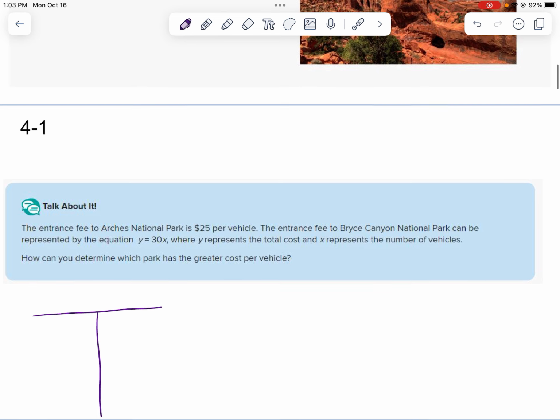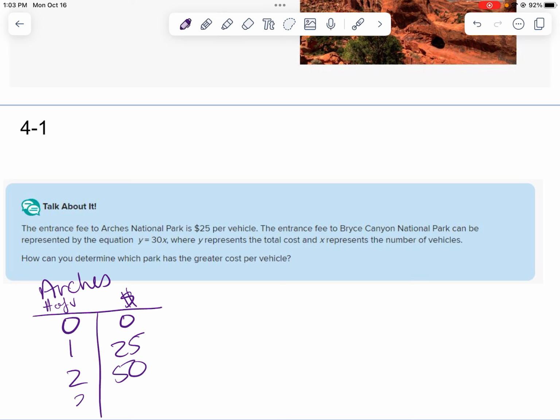So if I did this first one and I did Arches and I put number of vehicles and I have cost. If I have 0 vehicles, it's going to cost 0 amount of money. If I have 1 vehicle, it's going to cost me 25. If I have 2 vehicles, it's going to cost me 50. 3, it's going to cost me 75.